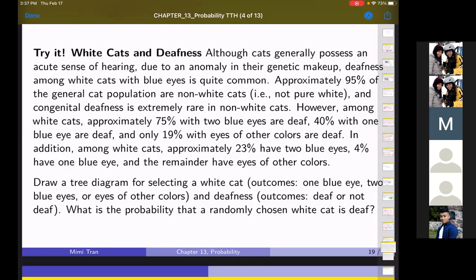So first, a white cat. I will get a white cat, and then how many? Those are the conditions. So among white cats, approximately 2 blue eyes. Within the white cat group, there are 3 subgroups, right? 2 blue eyes, 1 blue eye, and other eye color. And then for each subgroup, the cat is either deaf or not deaf. Does that make sense?